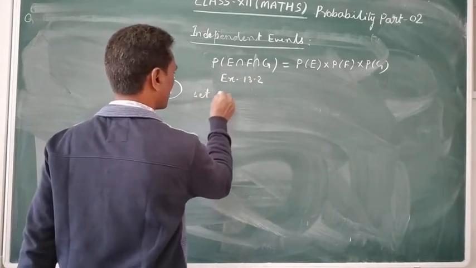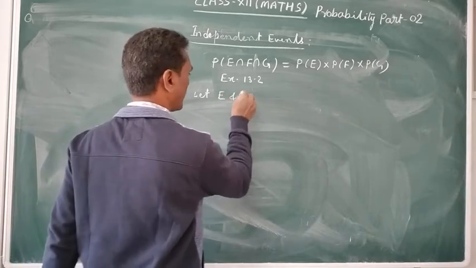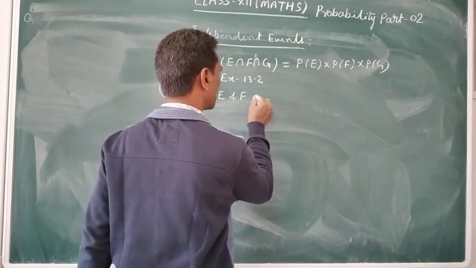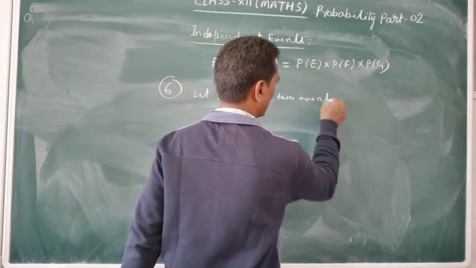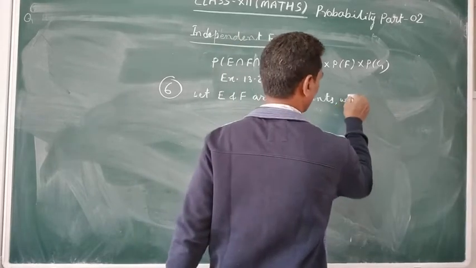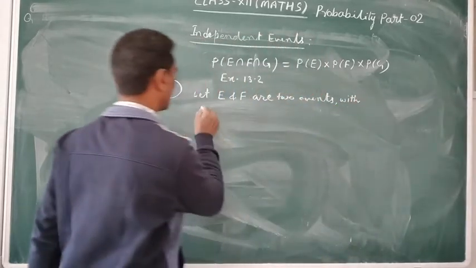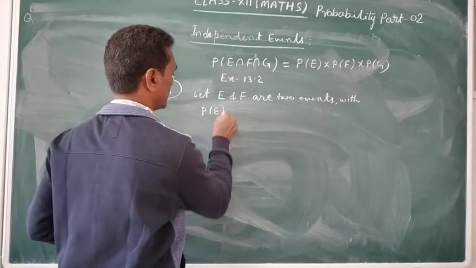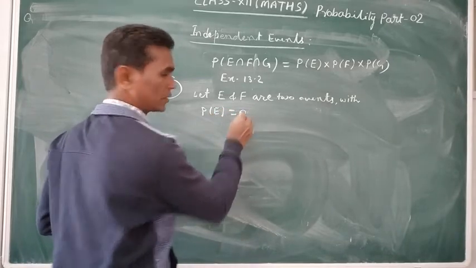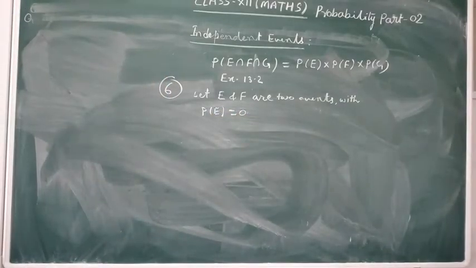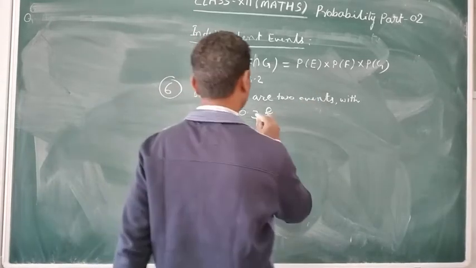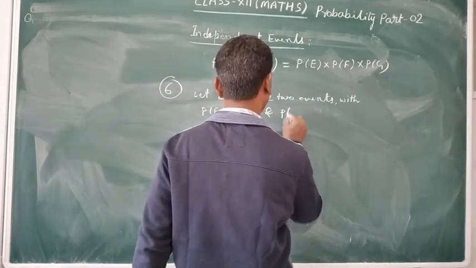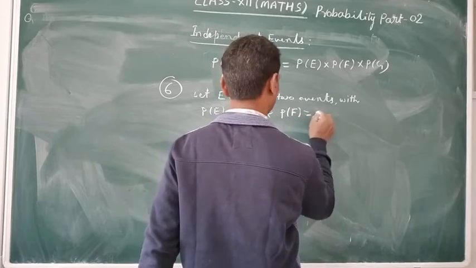Let E and F be two events with probability of E given here 0.3 and 0.6.